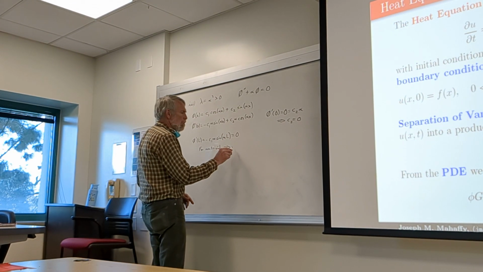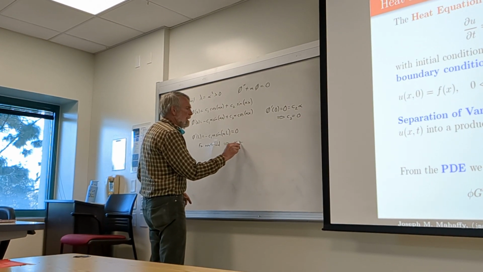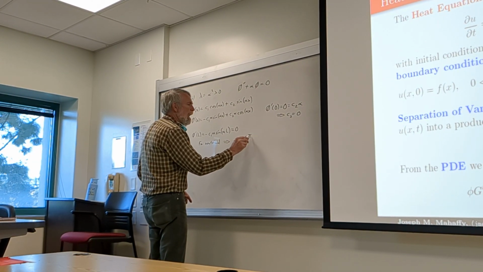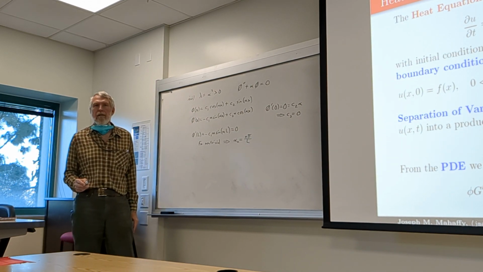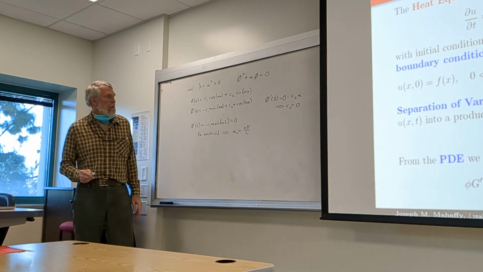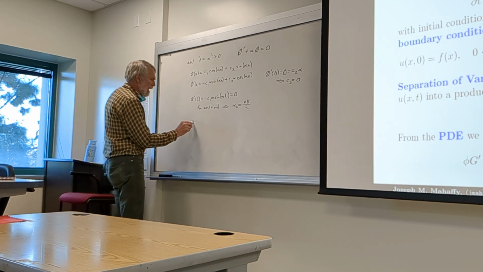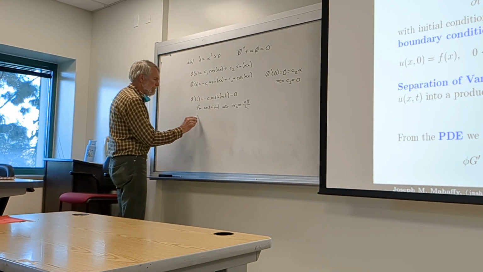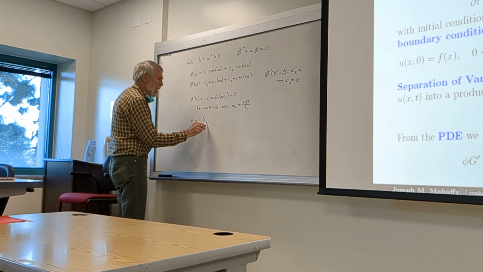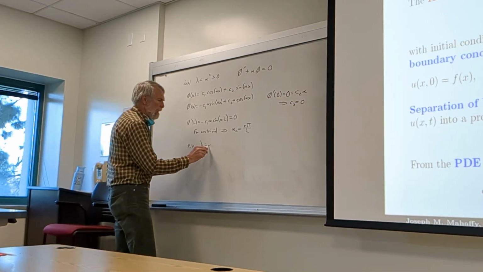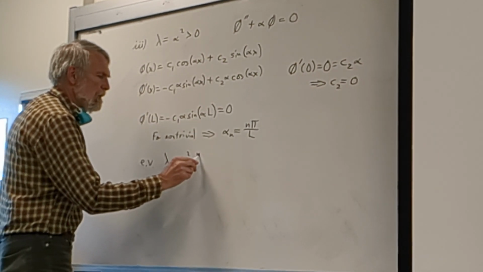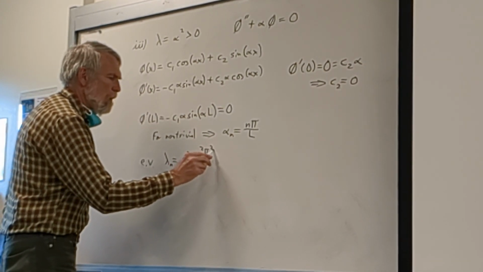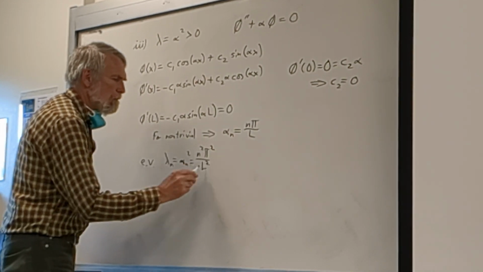N pi over L. So we're going to have alpha n is equal to n pi over L. Okay? So then that tells us we have eigenvalues, lambda n equaling alpha n squared, which is n squared pi squared over L squared.